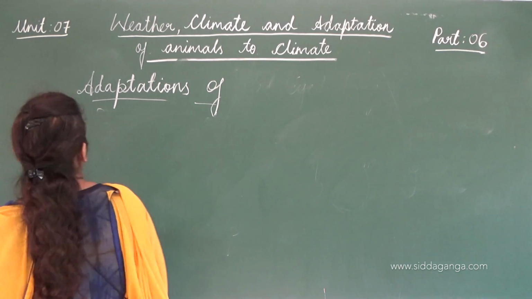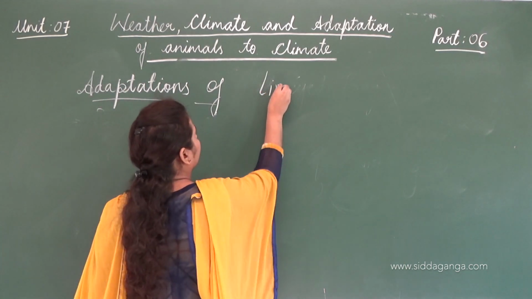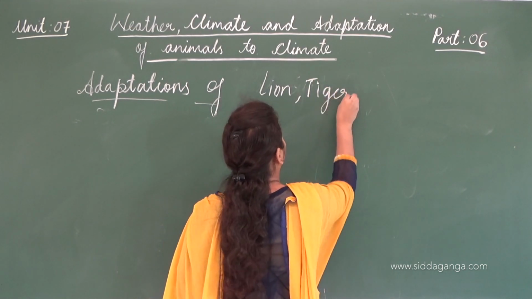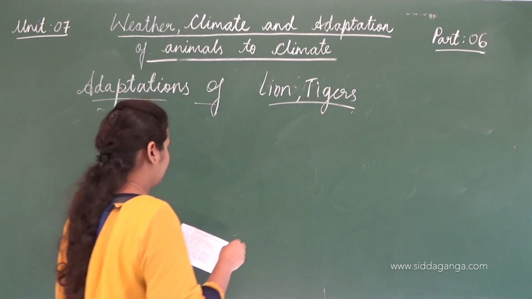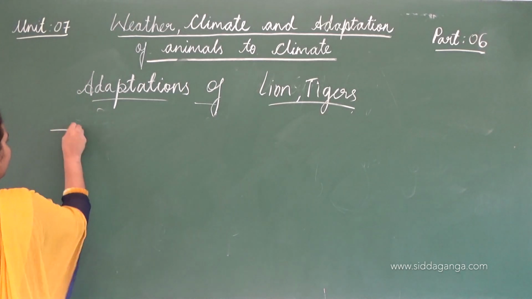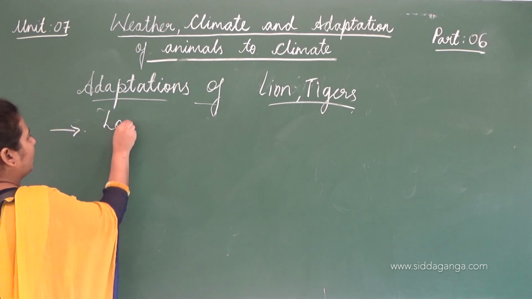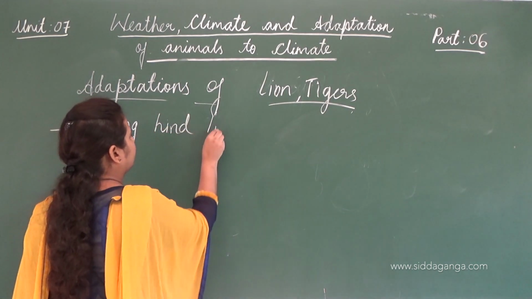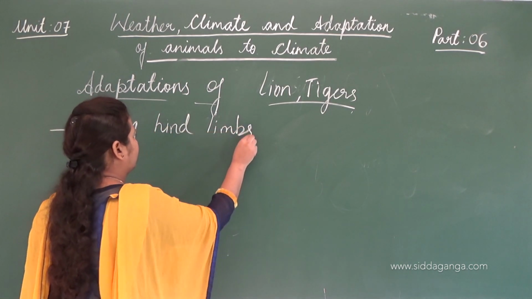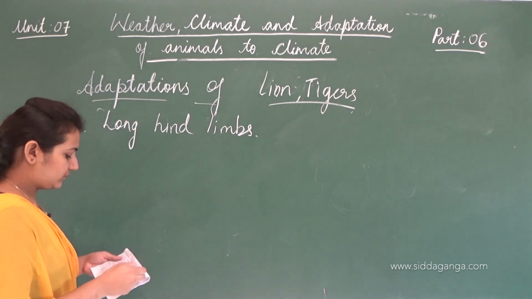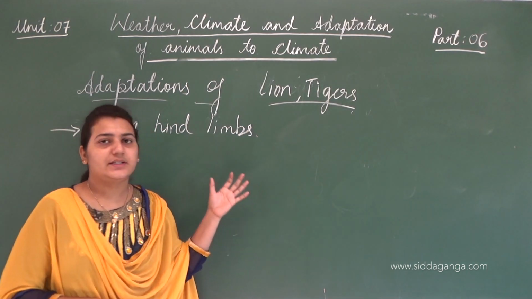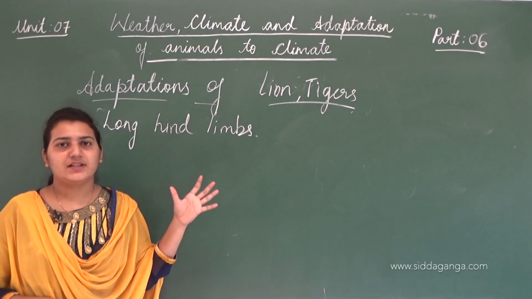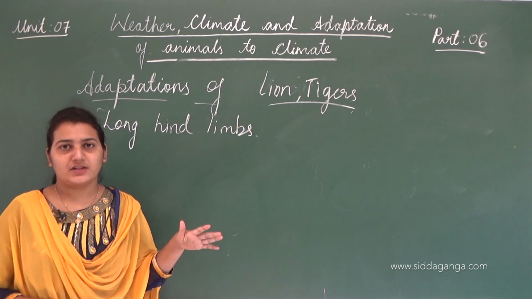Now let us see the adaptations of lions, tigers, etc. They have very long hind limbs. The basic idea of these animals we all have: they can run very fast, right?